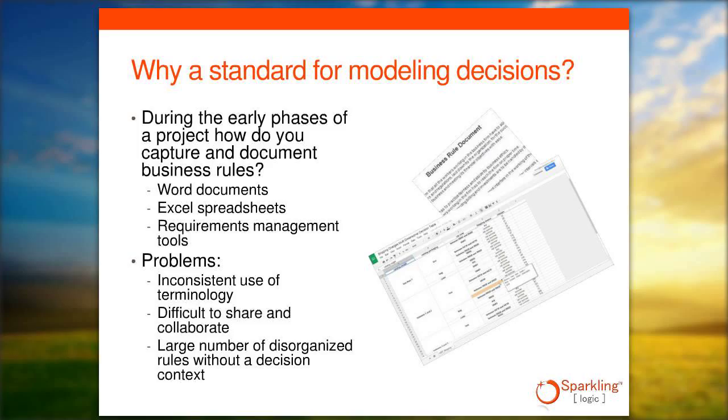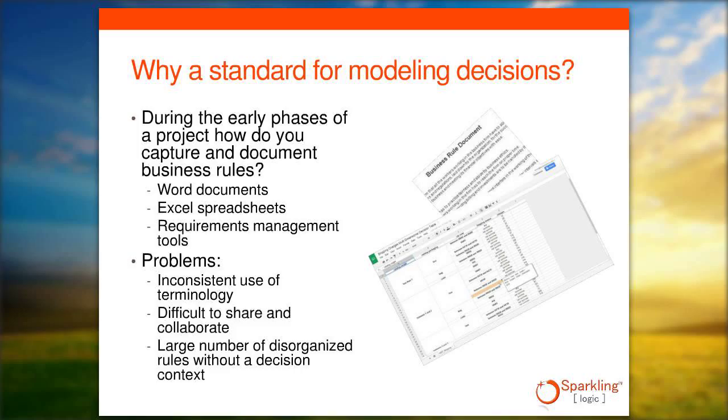The first is that it's very difficult to ensure consistent use of terminology. And of course, when you're documenting business rules and decision logic, being consistent in your terminology is key to actually understanding the decision logic. Another problem is it's very difficult to share and collaborate around these kinds of artifacts.